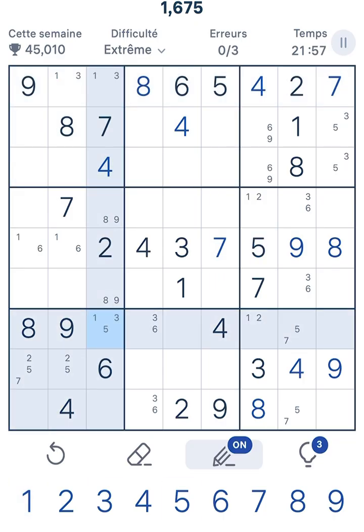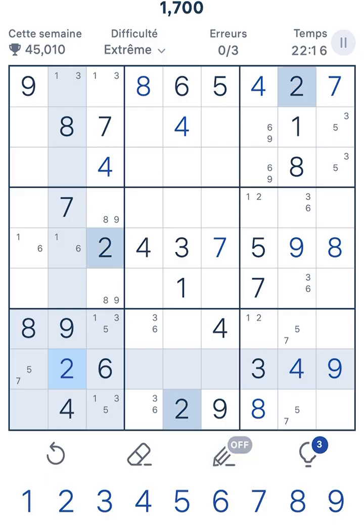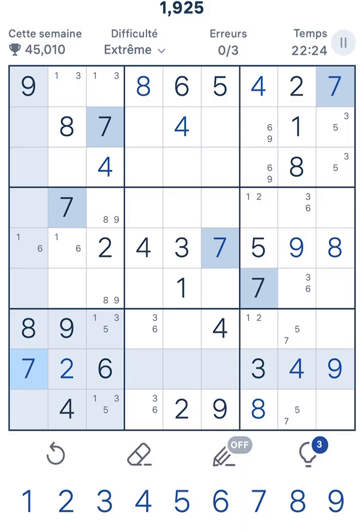Since in this column 5 can be only here and here, and thus in this square 5 can be only here and here, we come to a conclusion that 5 cannot be here, and it means that only 2 is left. So 2 is here. And also 5 cannot be here, so we come to a conclusion that 7 is here.